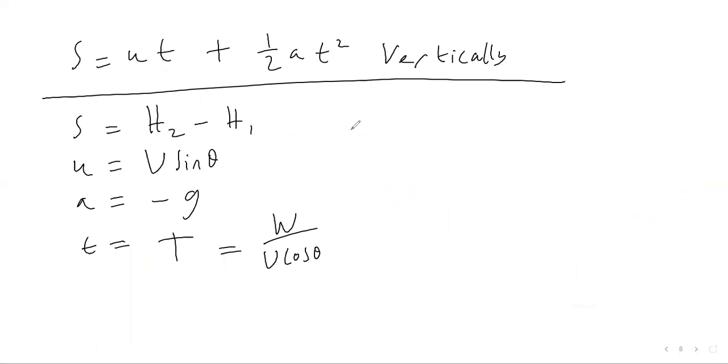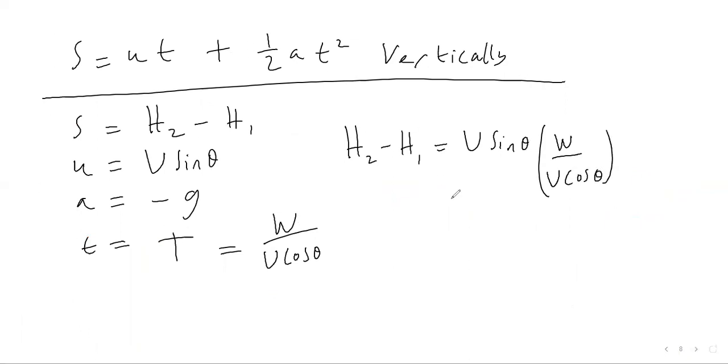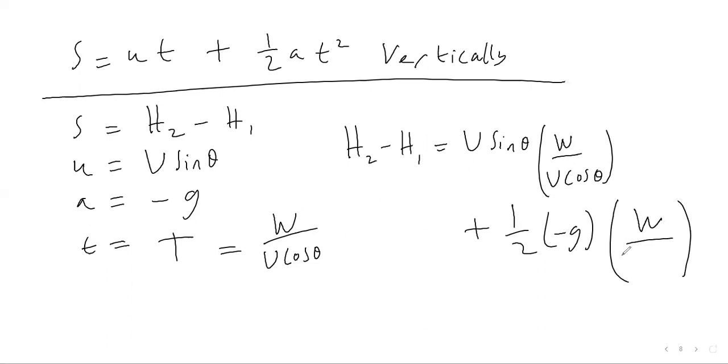So again, using our Suvat equation, S is going to be H2 minus H1, and that's equal to U sine theta times the time, which is W over U cos theta, plus a half times acceleration, negative g, times T squared, so this W over U cos theta all squared.